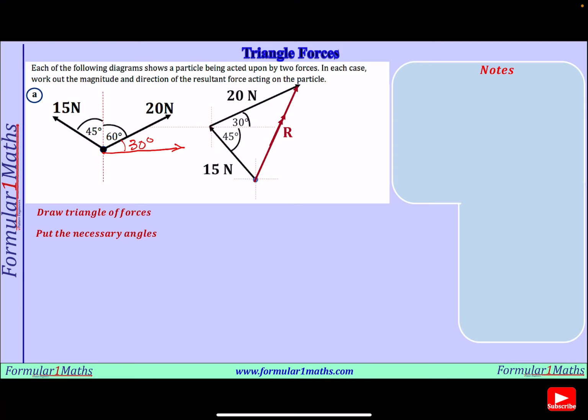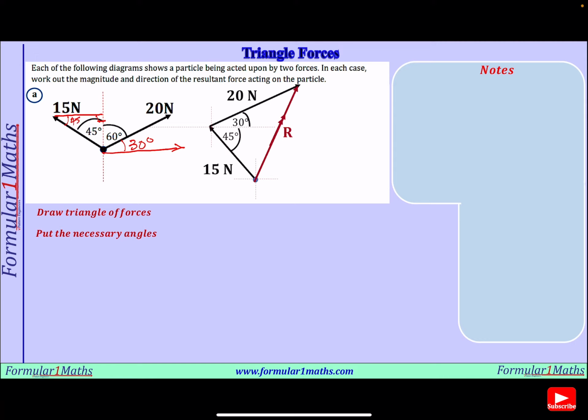Then this angle here is 45. There are many ways we can prove that that angle is 45. The first one is drawing a horizontal line like that. This makes this angle 90. If this is 90, and this is 45, then obviously this is 45.